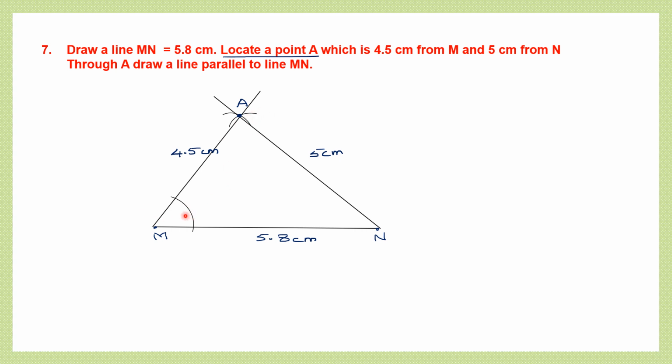So same measurement of your compass, place it at the point A and draw an arc. So we've got an arc here. So can you see? It's the same arc. Now take your compass and adjust the legs of your compass to get this measurement. So we're going to take that on your compass, place it at this point where the two have met. I will mark this in red. So this point in red where the arc has met the line.